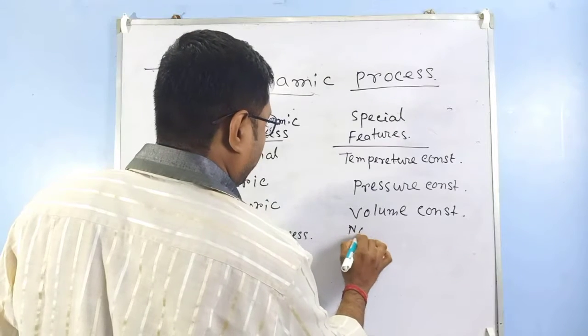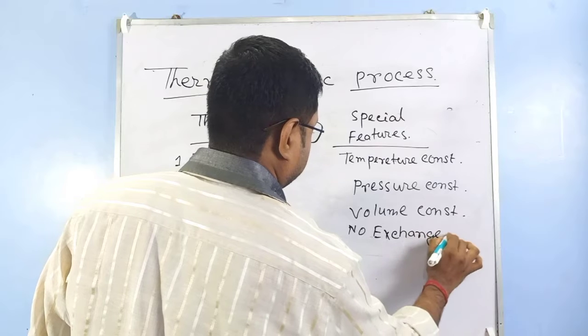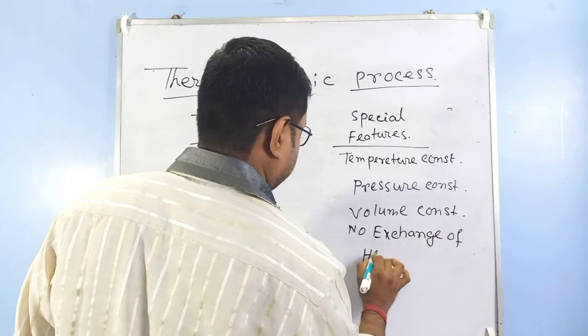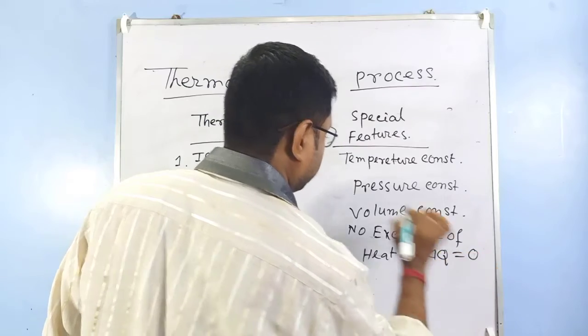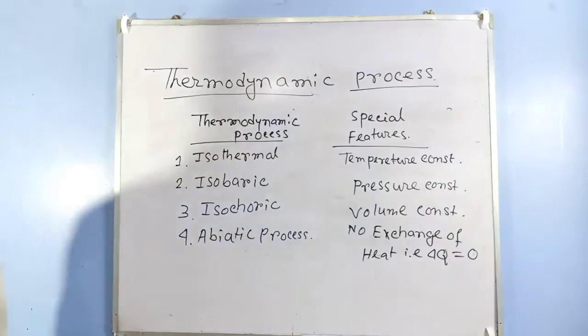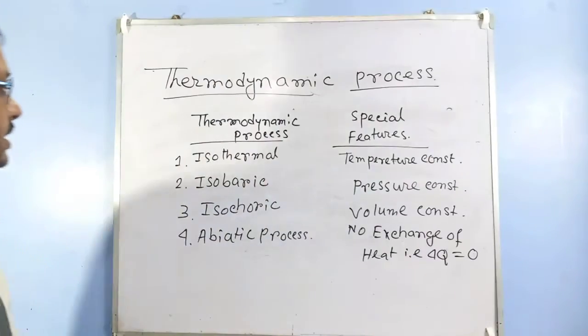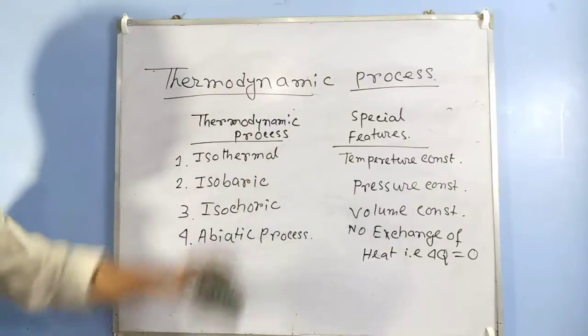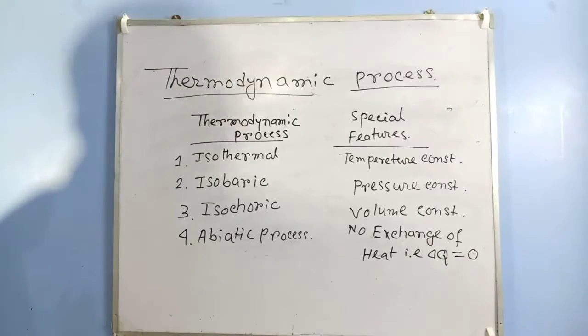Here no exchange of heat, that is delta Q is equal to 0. No exchange of heat between system and surroundings. These 4 are the basic thermodynamic processes: isothermal, isobaric, isochoric and adiabatic.